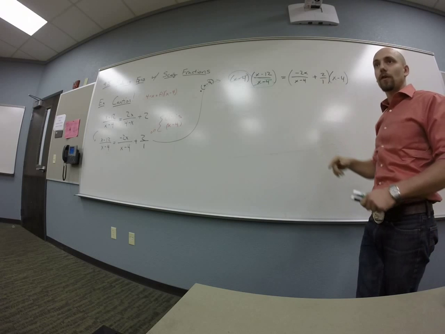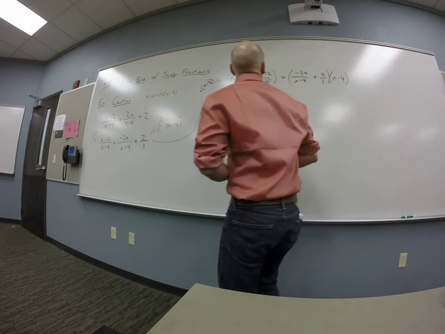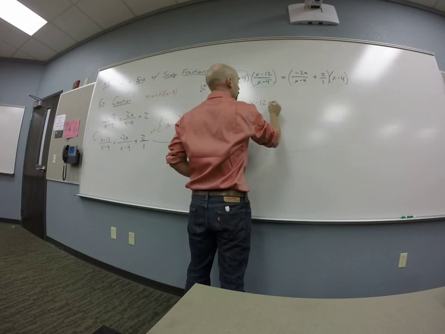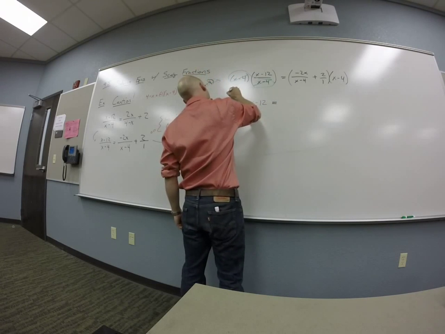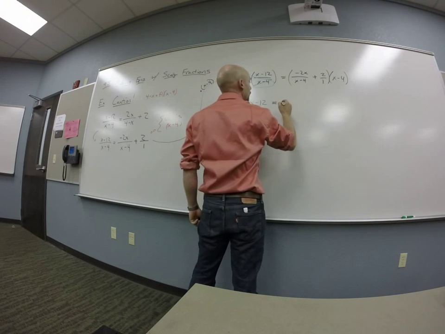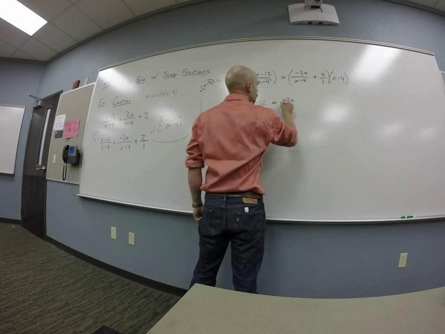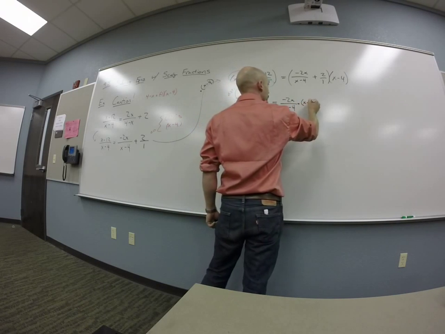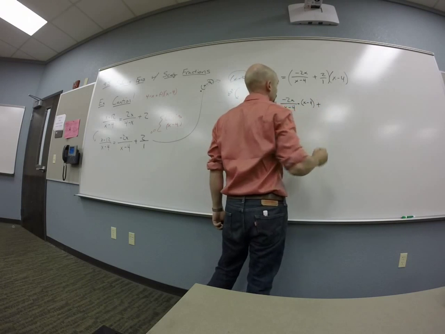I should distribute first, then maybe I can cancel. So let's see, I've got x minus 12 equals, so this step is distribute, right? And on that side I've got a minus 2x over x minus 4 times that x minus 4 plus what?